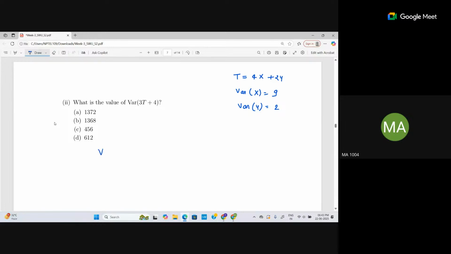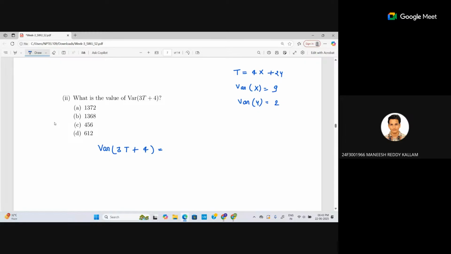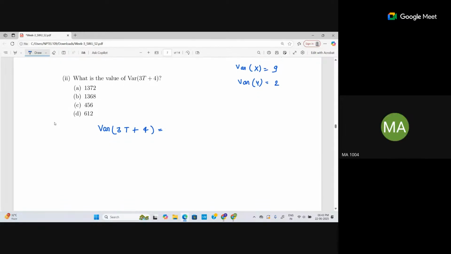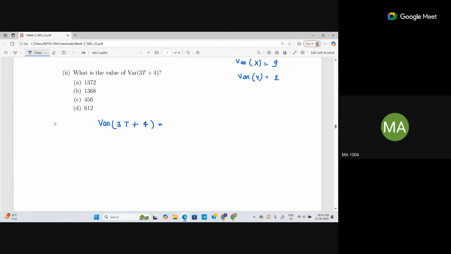Okay, so we have to find variance of 3t plus 4. So first we have to use the properties of variance. Okay, so this will be what?